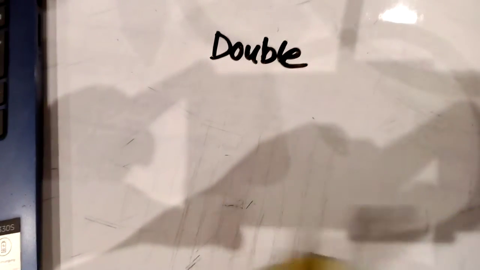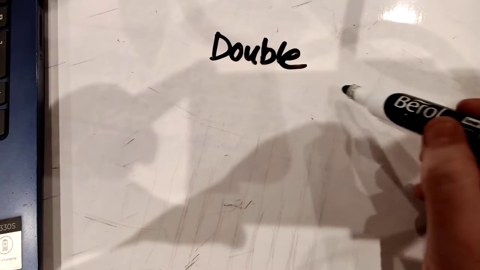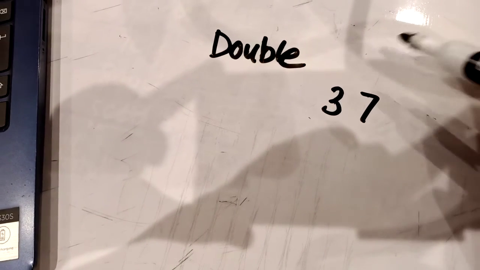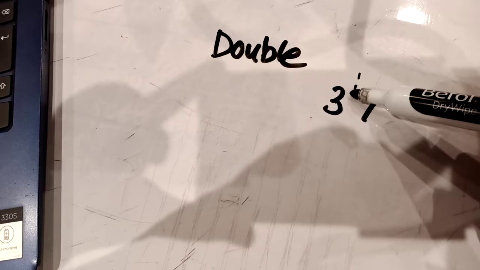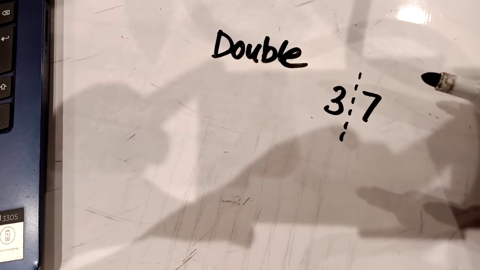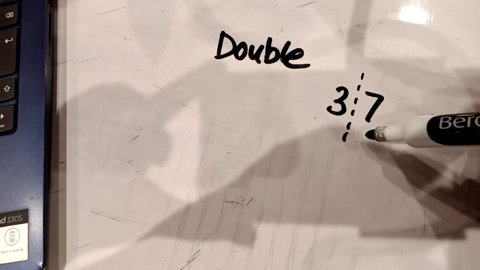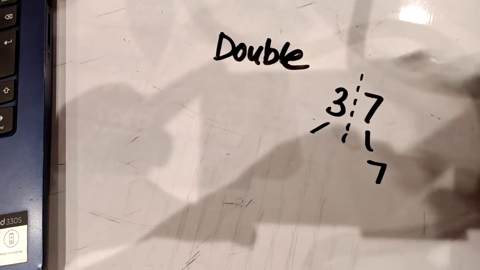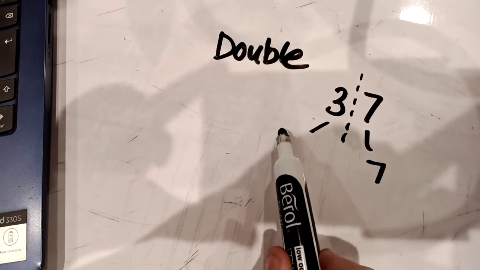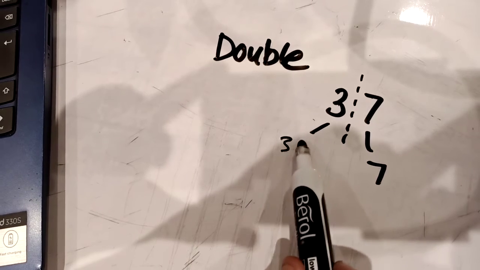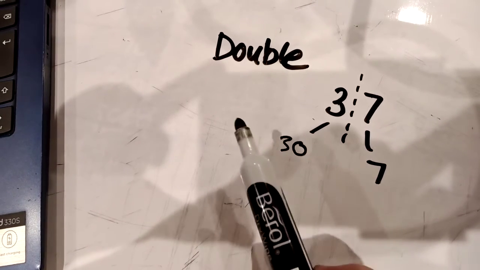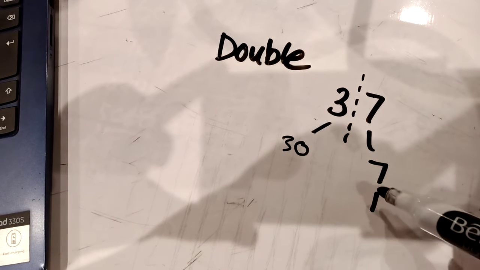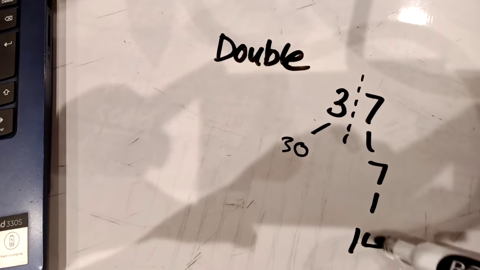Let's have a go at one more. This time let's go for 37. Our first step is to partition. Now we're doubling, aren't we? So we've got 7 there. That looks like a 3, but it's not a 3 really. It's a 30, and we're doubling. So what's double 7? Double 7 is 14.